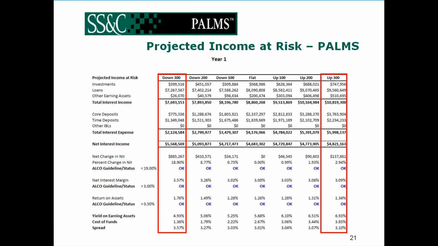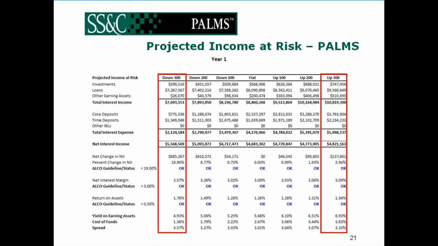Again, this particular report comes from the PALM system and will also show with red flags or other types of thresholds whether the organization has actually met, exceeded, or fell behind certain expectations by depicting the okay or failure statements on the bottom. All of the major ratios are provided here on this report, such as the net change in NII and also how it compares with ALCO guideline status reports.